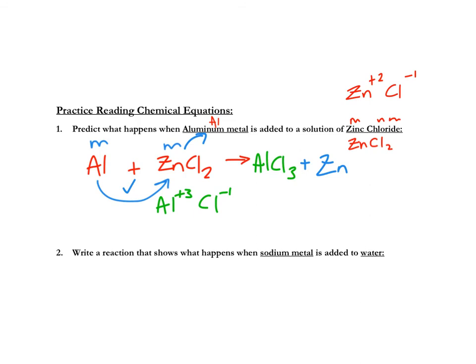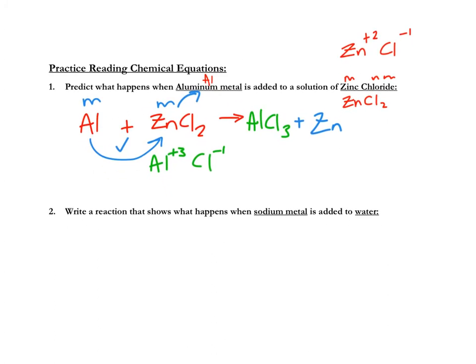So when aluminum and zinc chloride react with each other, they form aluminum chloride and zinc. Now I want you to try reaction 2 on your own. See if you can complete reaction 2 using the hints and the notes that we did in example number 1. Go ahead and pause the video, and when you're ready to see the answer, press play.